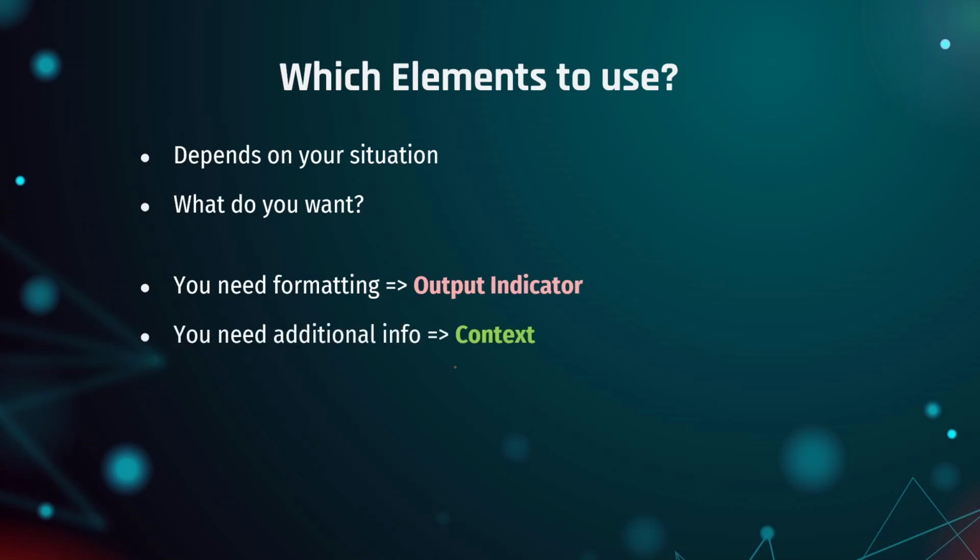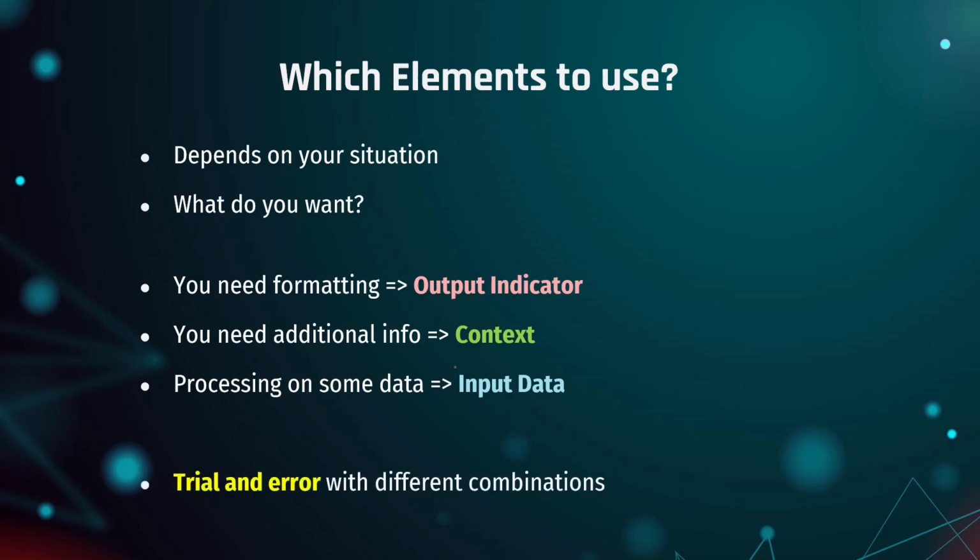If you want ChatGPT to be aware of some additional information, then use context. If you want ChatGPT to process some data, then provide it with input data, right? And last but not the least, you have to trial and error with different combinations until you get what you want, okay?